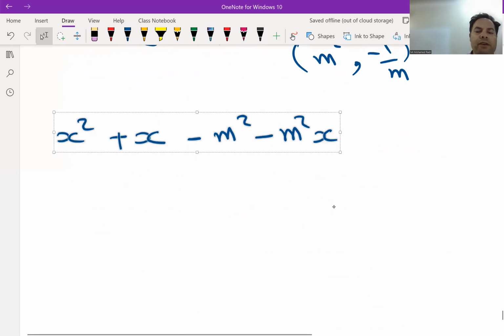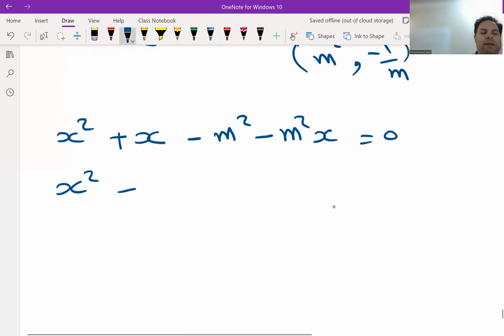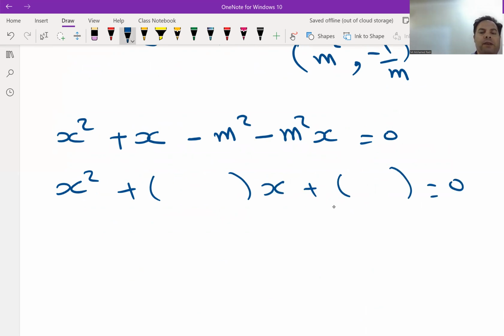If you rearrange this equation, x squared plus x plus constant is equal to 0. This term includes x, this term includes x. By taking x outside, it will be 1 minus m squared, and the constant will be negative m squared.